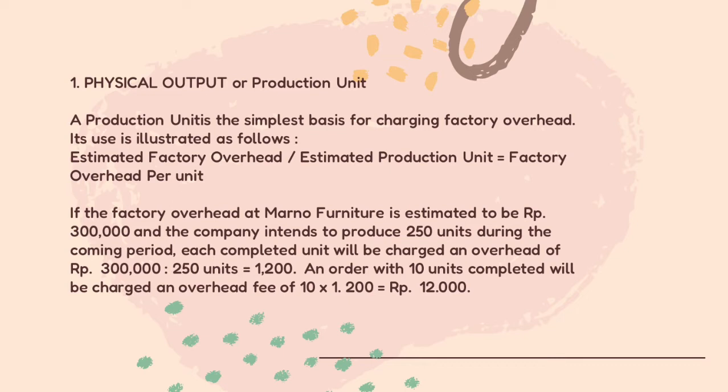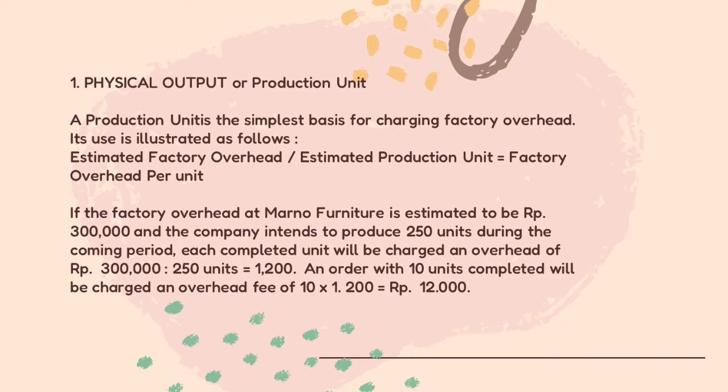Cycle output or production unit. A production unit is the simplest basis for charging factory overhead. Its use is illustrated as follows: estimated factory overhead divided by estimated product units equals factory overhead per unit.